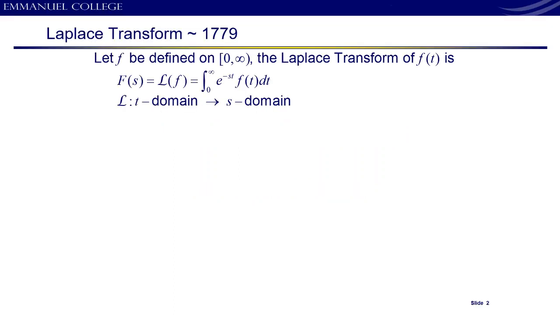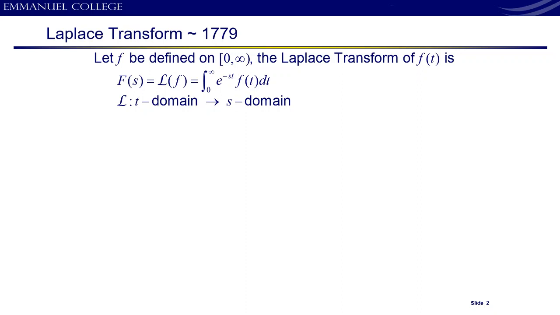Just again, the definition of what is a Laplace transform. It's always this integral, 0 to infinity e to the negative st, times the function you're doing the transform of, with respect to t. Because the whole point is that this is going to take a function in the t domain.